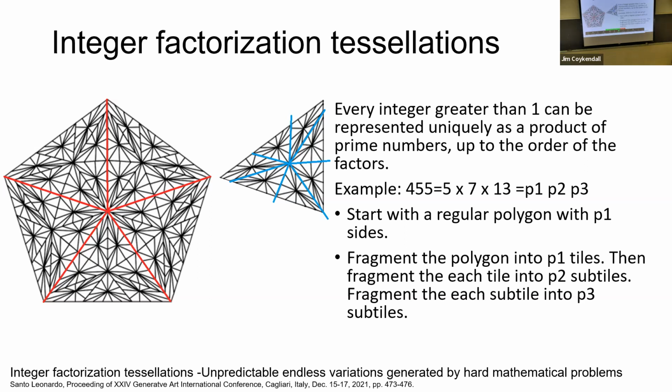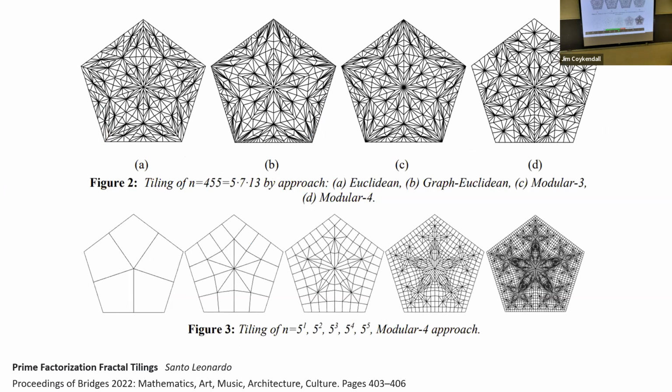This kind of tiling, you can have different variations. This is the one that I showed you, and then these are some others that contain the same number of tiles, but use different metrics. I'm not sure whether you know about metrics. We have different ways to talk about distance, and once you change the metric, you will change the pattern as well.